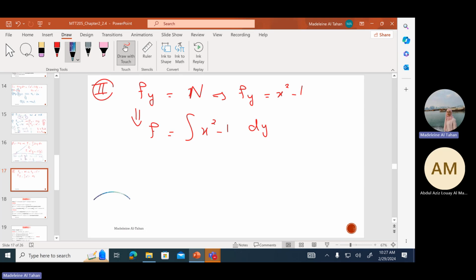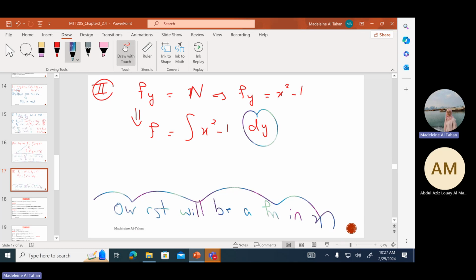In this case, the constant will be a function in what? In x. Why? Because we are integrating with respect to what? With respect to y. So what will we get here?